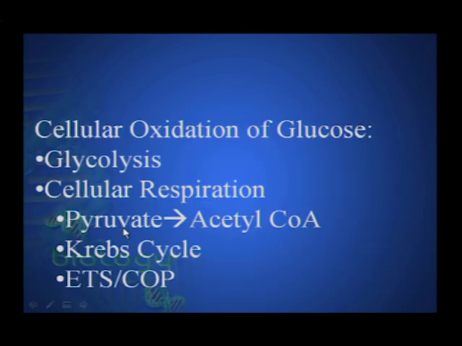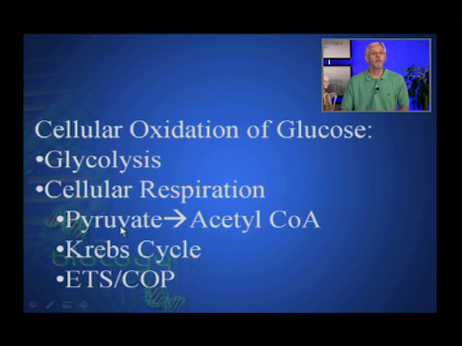When we look at the cellular oxidation of glucose, there are also sub-steps to this, just as there are in photosynthesis. One of these is glycolysis, which occurs in the cytoplasm. Then cellular respiration is the part that occurs within mitochondria. There are three sub-stages there: the conversion of pyruvate to acetyl coenzyme A, the Krebs cycle, and the electron transport system and chemiosmotic phosphorylation, also known as oxidative phosphorylation, that we find in the mitochondria.